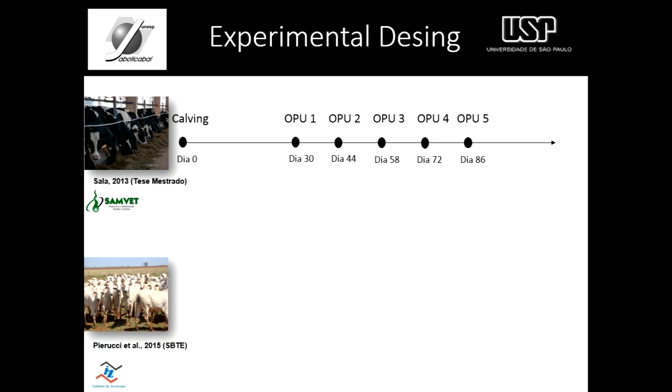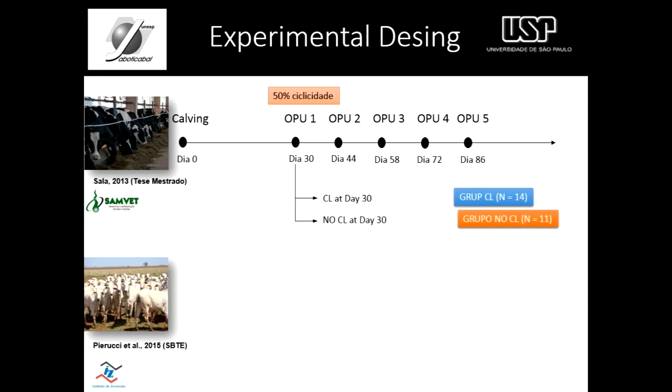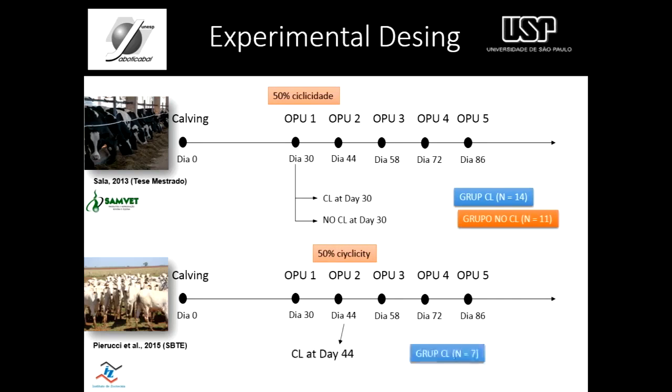And here is another experiment that we did in Sertãozinho in collaboration with Lindsay's group. So look here, the OPU, we divided the group by cyclicity. When they arrived at 50% cyclicity, we divided the group into cycling and non-cycling, and we also divided when arriving at 50% cycling and non-cycling in this period here, to analyze the effect of cyclicity and the time of postpartum on oocyte quality.